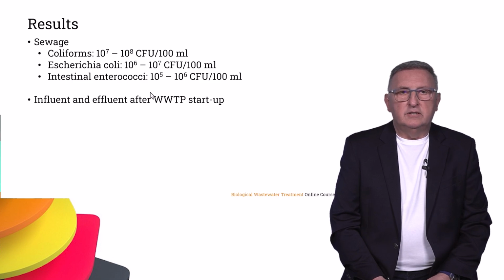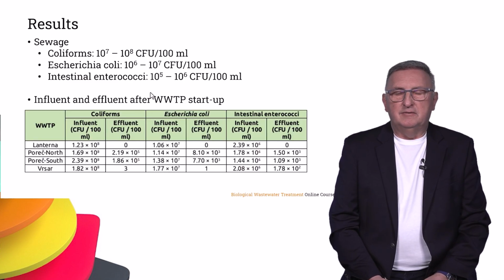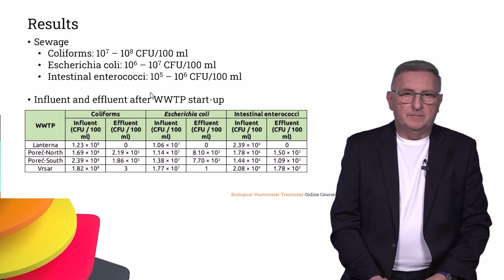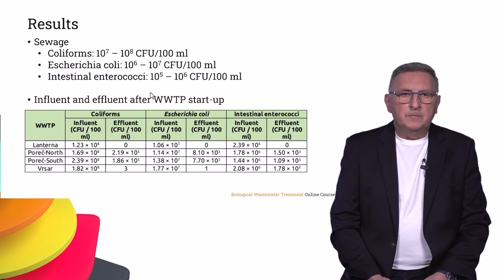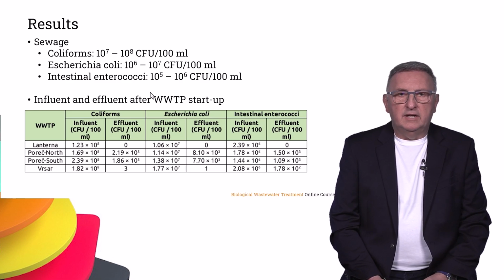When we looked into influent and effluent after wastewater treatment plant startup, we already got some very good results. If you look here on the left-hand side in the table, you have names of the treatment plants, and you have 3 different analyses, influent and effluent.